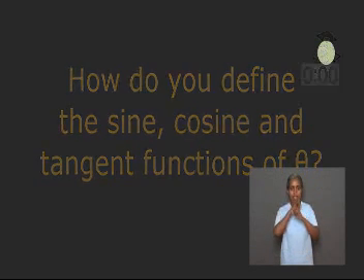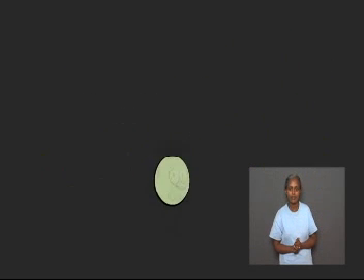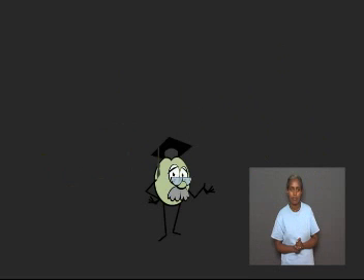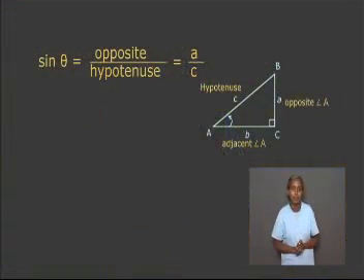Time's up. Let's get back to our lesson. Hello again, students. I am sure that you all remembered these trigonometric functions. The sine of theta is the ratio of the length of the opposite side over the length of the hypotenuse.